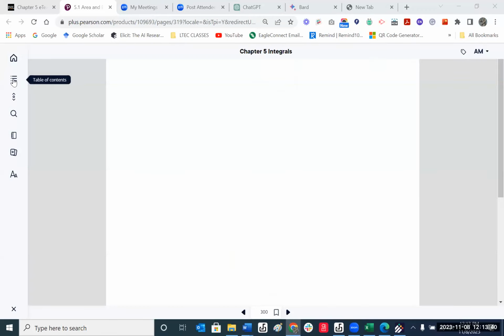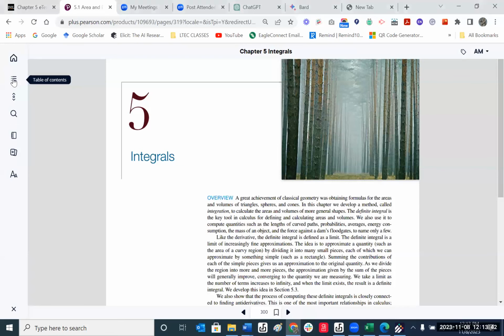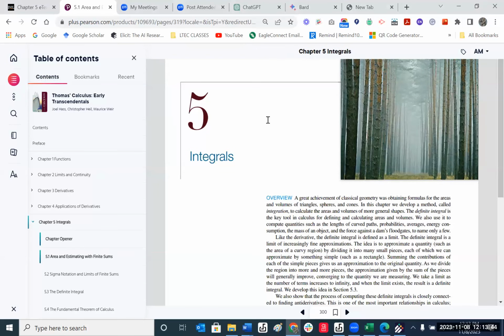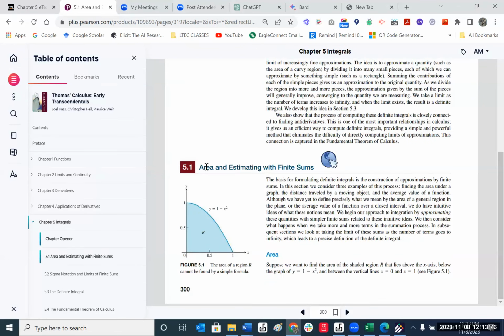I'm going to pull up the textbook here. This would be area and estimating with finite sums. Ask it.